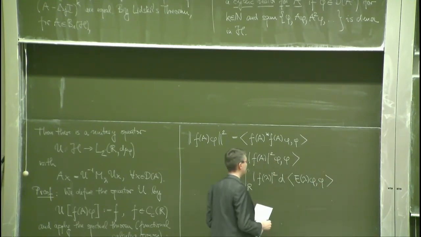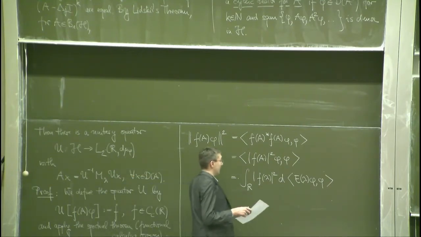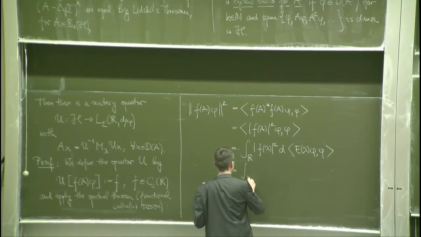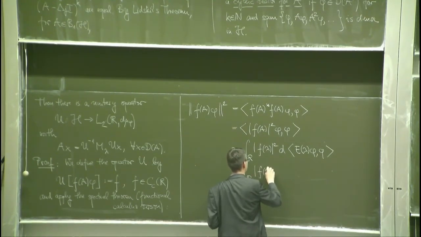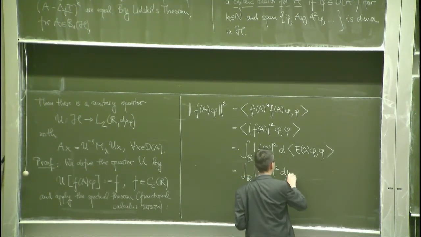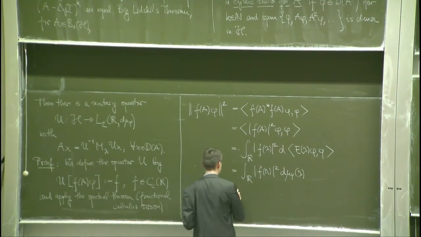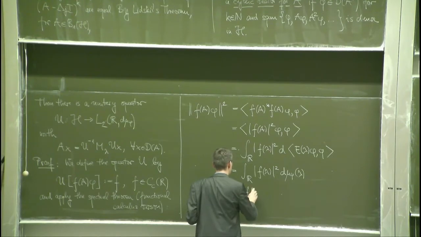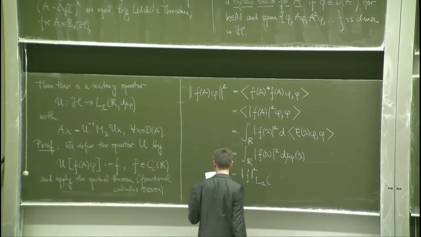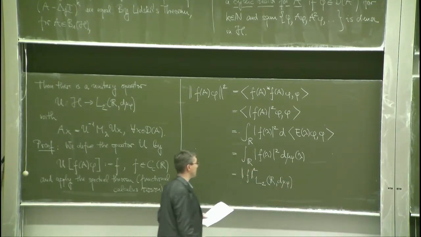This is the spectral theorem in the version that we already know. But then it's clear that this here is nothing but the integral over R of absolute value of f of lambda to the power of 2, and here we have integration with respect to this measure mu phi, so that this here is nothing but the norm of f to the power of 2 in L2 of R with respect to this measure mu phi.